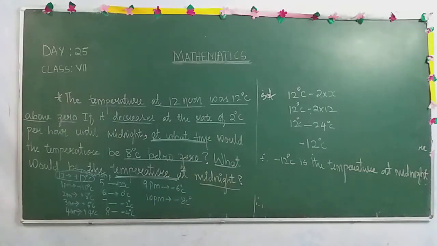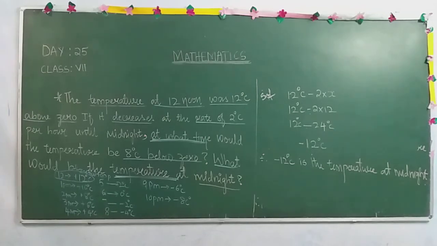So in this way we are using negative numbers in our practical life. Alhamdulillah, we have completed the chapter on integers. Inshallah, in the next video we are going to start a new chapter, and just try to recapitulate everything we have studied in integers.